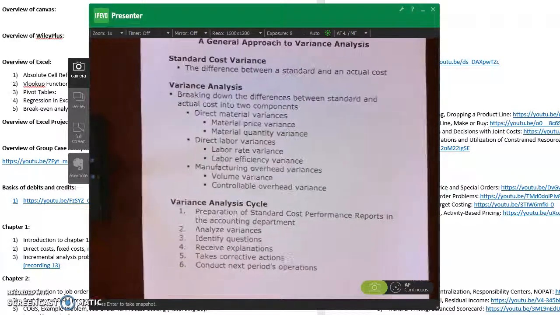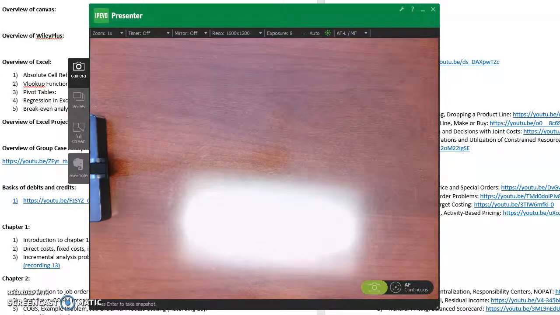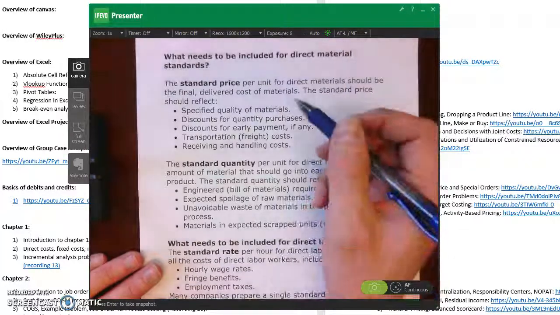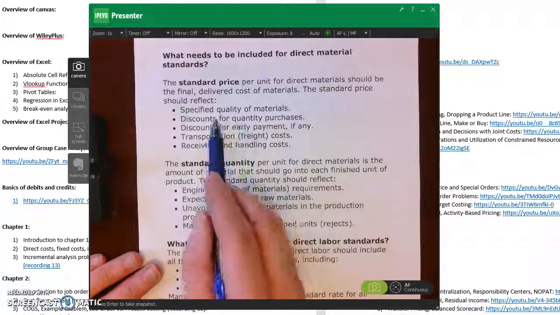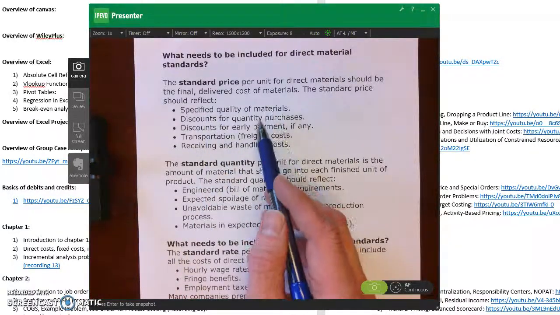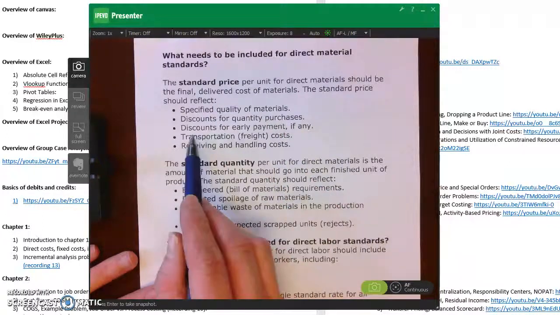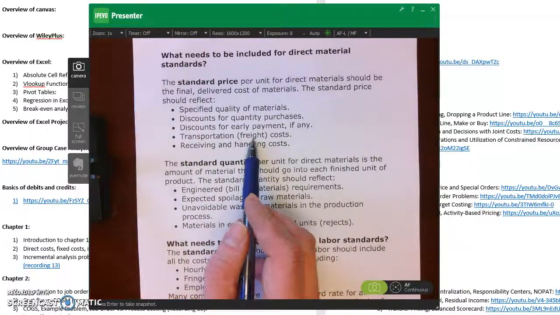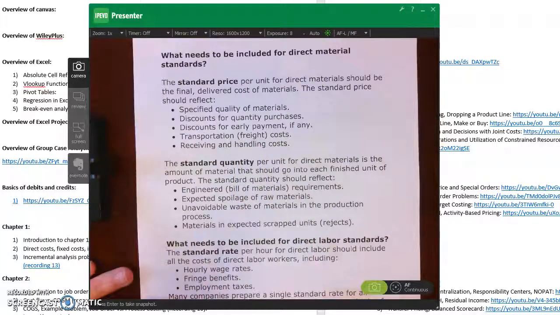So I'm going to go ahead and continue on the next page right over here. What needs to be included for our direct material standards? So when we have a standard price per unit, that's going to include our specified quality of materials, any discounts for quantity purchases, discounts for early payment, and we'll also include our freight costs, our receiving and handling costs.